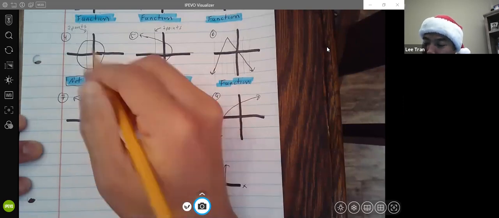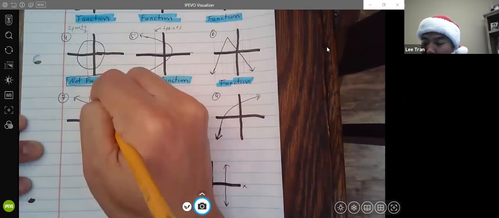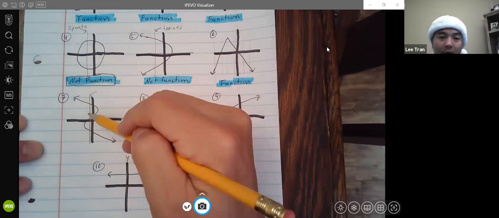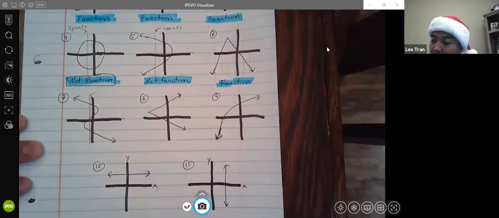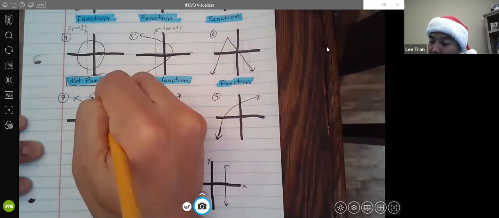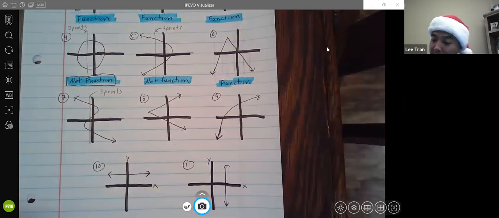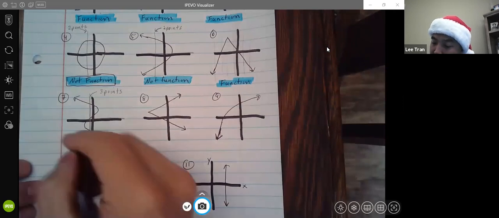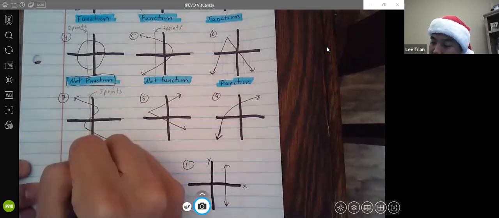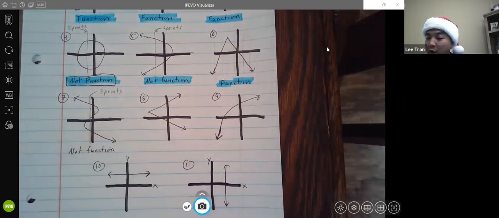Look at this vertical line here. It hits 1, 2, 3 points. It hits more than 1 point. So this would not be a function. It's a function if anywhere you draw, it only hits 1 point.